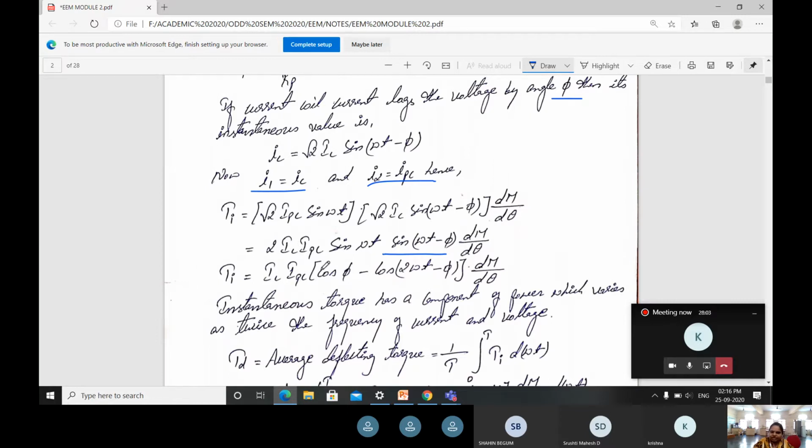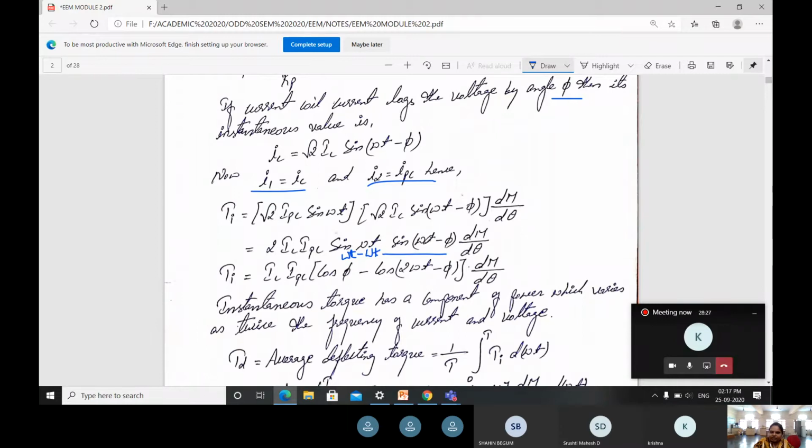IC, IPC, cos, just going for A minus B: omega t minus B, where B is taken as omega t minus pi, and A is omega t.